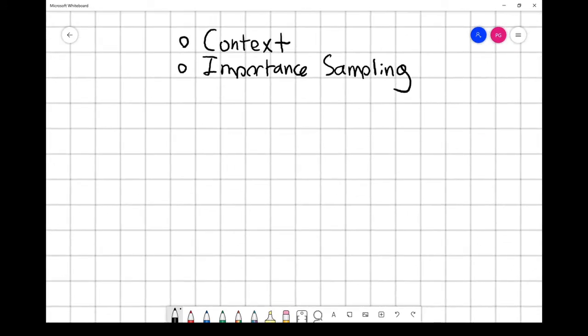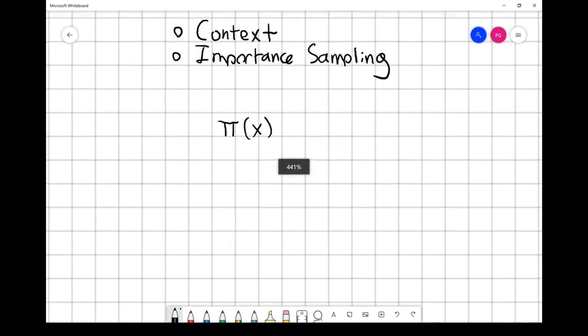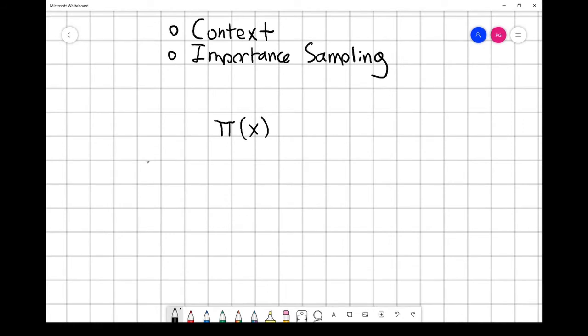So the fundamental problem is that we have some kind of probability distribution, which I'll write as pi of x, and what we want to do is to evaluate, or at least estimate, the expected value of some function f of x with respect to this probability distribution. So if f of x was just equal to x, then we'd be trying to evaluate or estimate the mean of this distribution, for example.